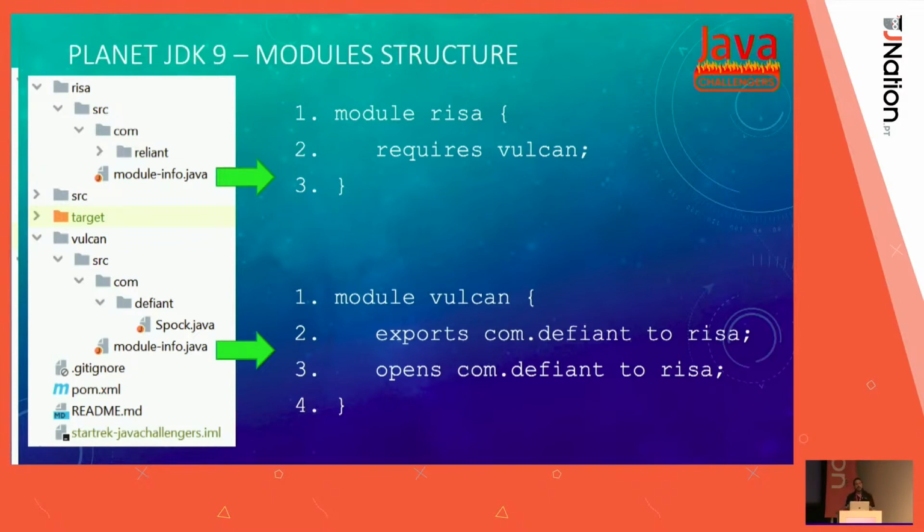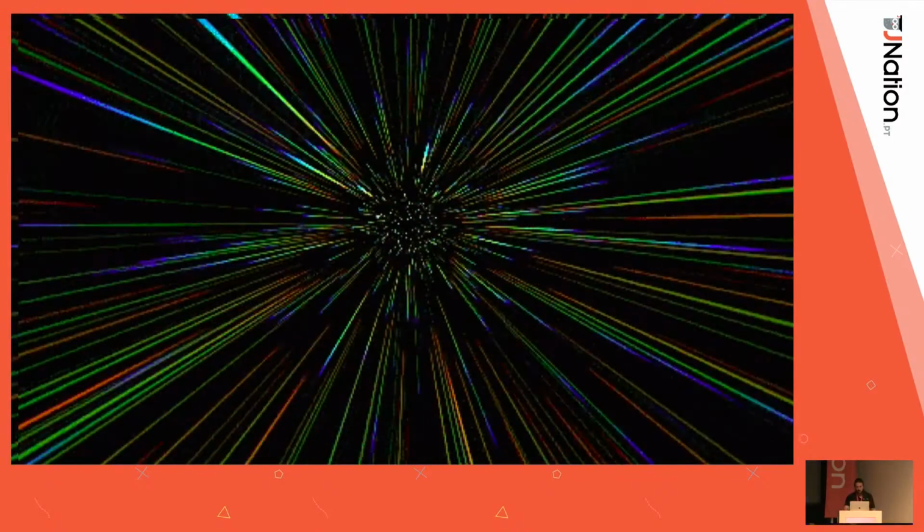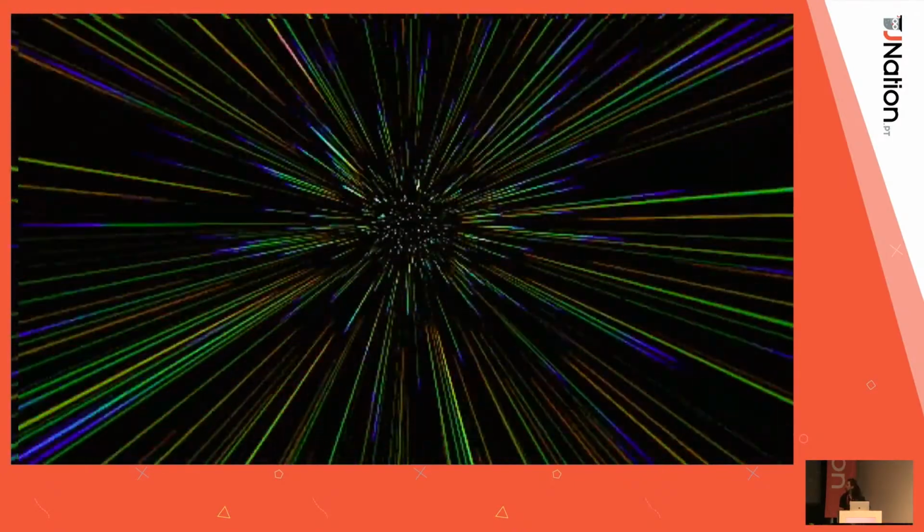And it's also amazing to add new features in Java because before Java 9, Java was a big monolith. So it was very hard to add new features. So with modularization, it's also easier to implement new features in the Java language. Perfect. So let's go to the next one.